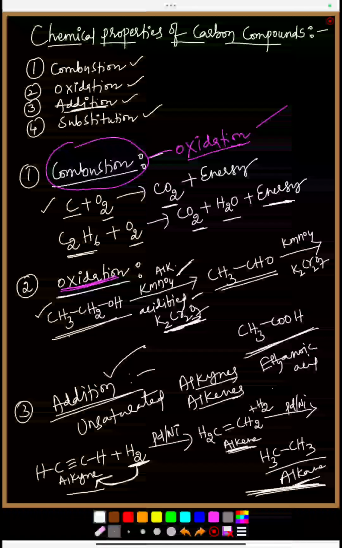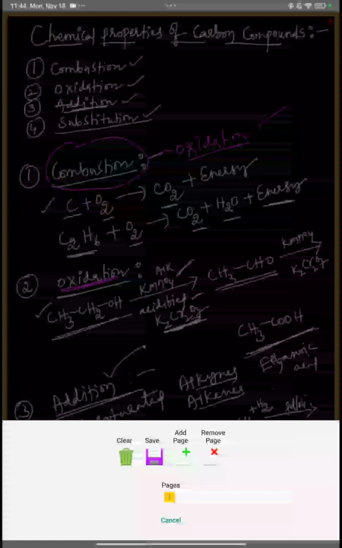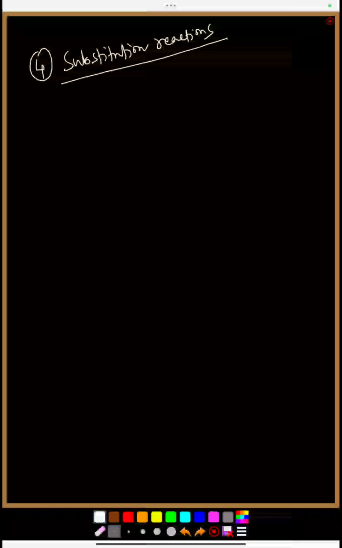And finally, fourth one, that is substitution reaction. What is the meaning of substitution reaction? So I am taking the fourth one, substitution reactions. A very familiar word in our daily life, substitution. For example, if the class leader is absent, the teacher selects another person to substitute the class leader. You know very well that.